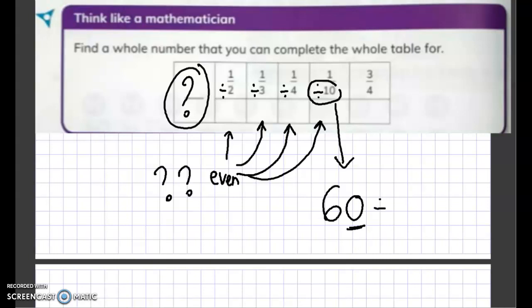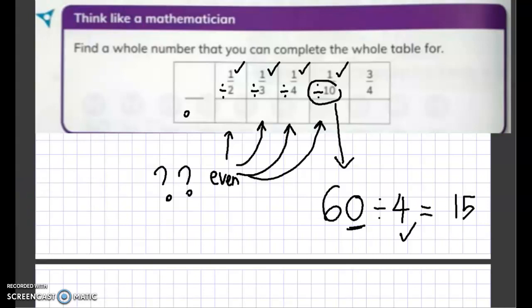Yes, 60 divided by 4, you get a 15. No remainder. So checked. So we have 2, 3, 4, and even a 10. Checked. So the answer could be 60.